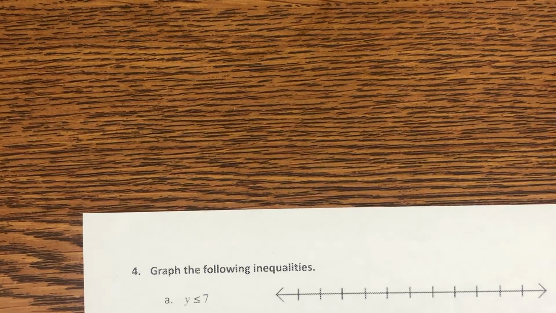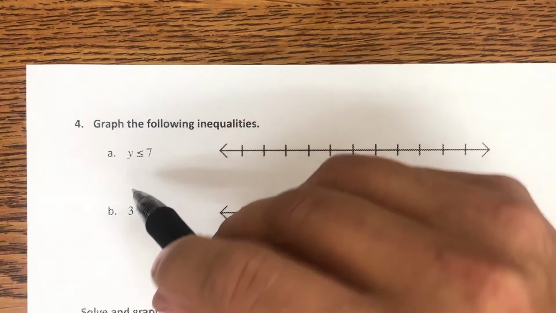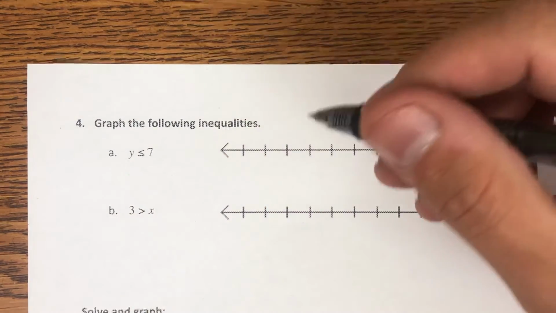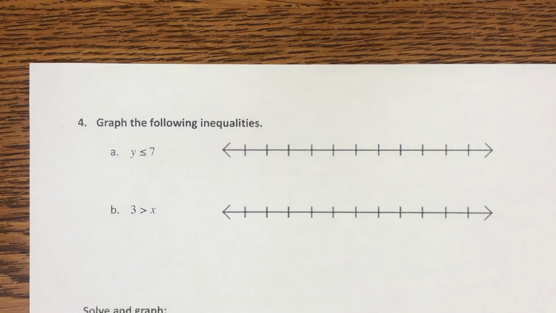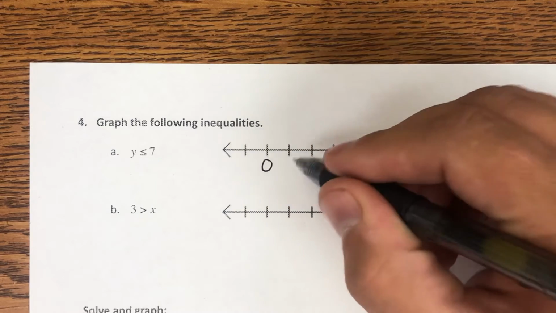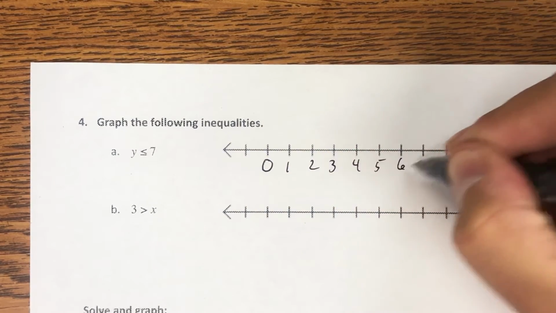All right, now we're going to graph some inequalities. Now the graph is a visual representation of all these solutions. So we are going to graph all the solutions for y is less than or equal to 7. Now, when you make these graphs, you don't need to be super detailed. I'll show you that here in the future. But we want to see where 0 is. So I'm going to put 0 here. 1, 2, 3, 4, 5, 6, 7.